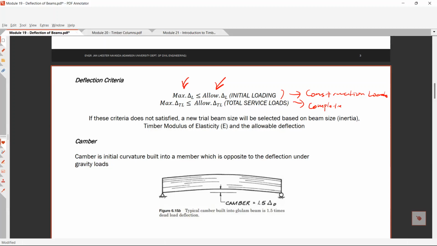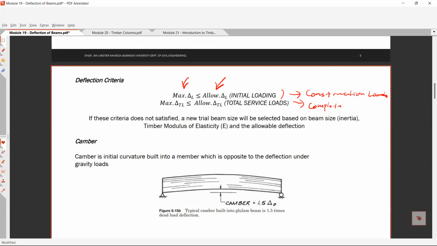Okay? So, there are instances na pasado sila sa strength requirement. Okay? So, either beam or shear, pasado sila, but hindi sila pumapasa sa deflection.